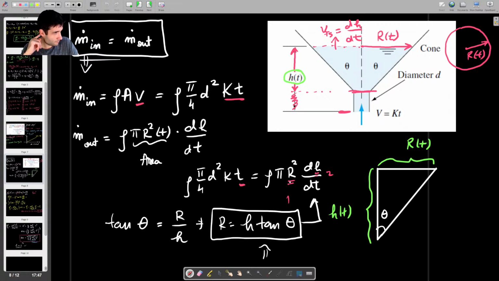Now, having a look at some other questions on momentum, but I think before I get there, there's probably something else that I want to do on mass conservation instead.